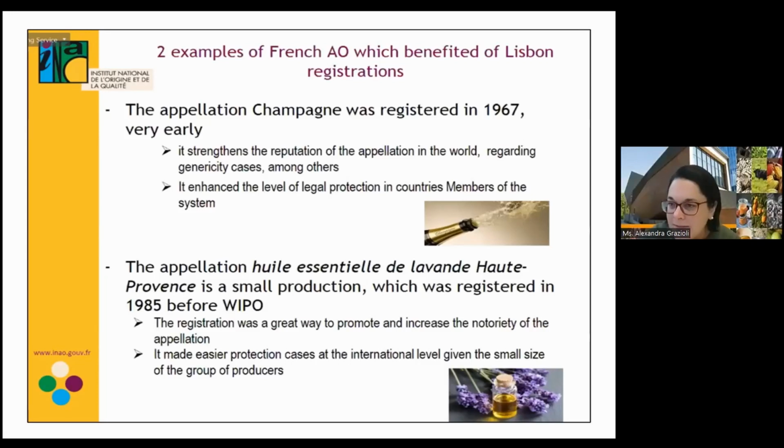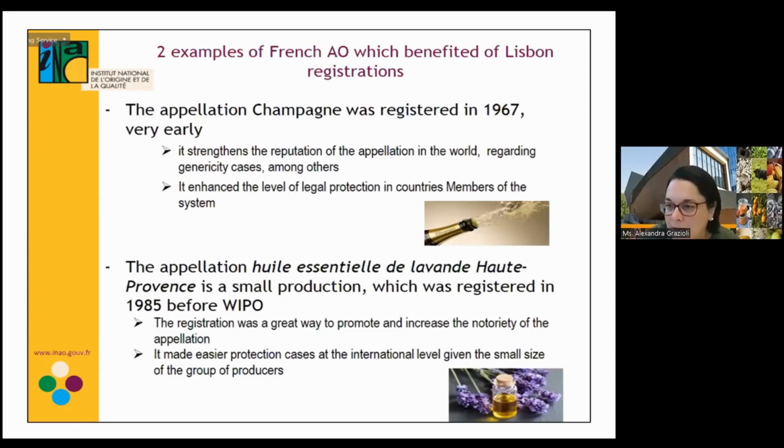But the facility of use and protection of the system is very interesting also for these smaller geographical indications, so they can easily secure protection all around the world, not only in their export market, because it is important that your GI is protected also in countries where you don't export. If you don't protect your GI, you may have people from other regions of the country trying to use a trademark with the name of your GI, or just commercializing products using your GI.